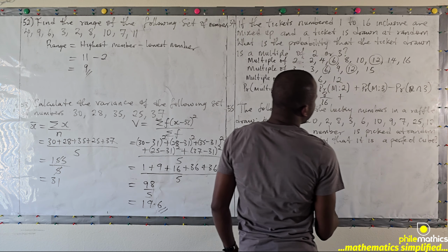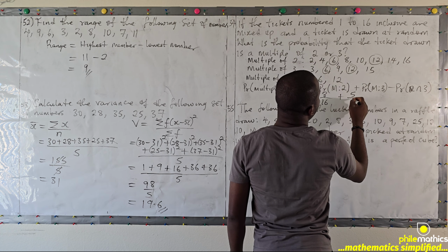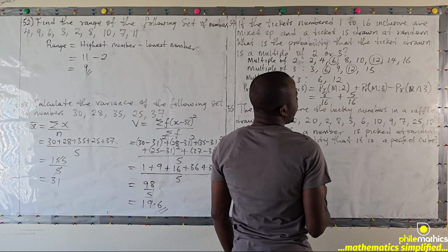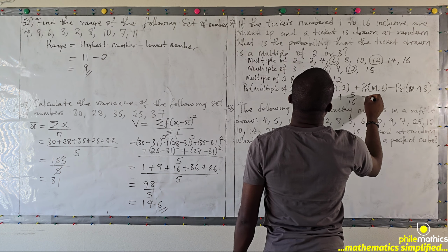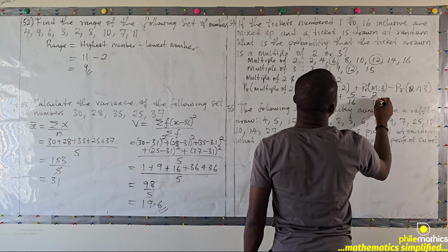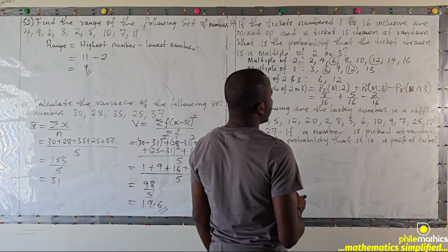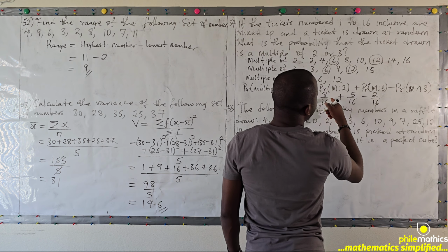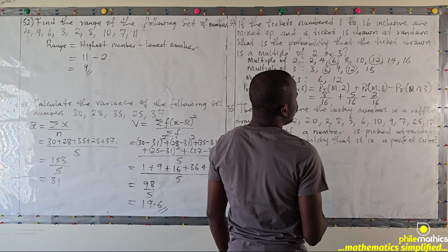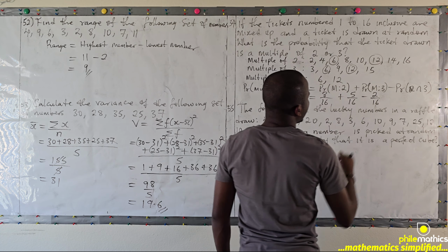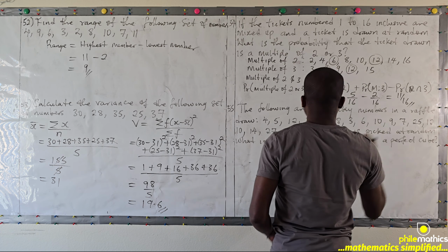Multiples of 3 are 1, 2, 3, 4, 5, so 5 over 16. A multiple of both of them will be minus 2 over 16. So what we'll have is 8 plus 5 is 13, minus 2 is 11. This will give us 11 over 16.